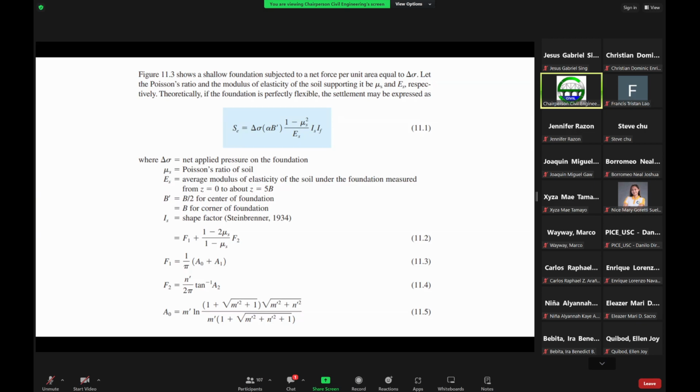This I sub s is equal to this formula here.